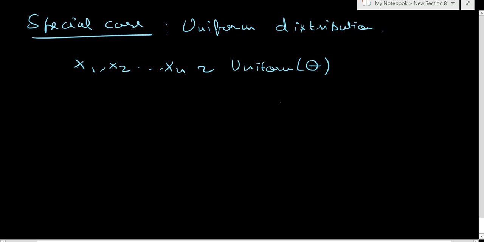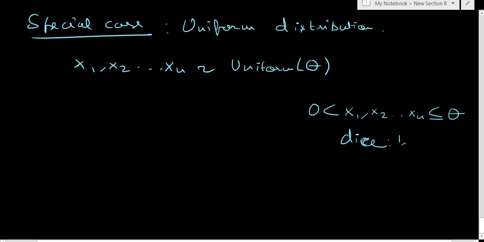For this to be true, something is necessary. All these values xi going up till xn should be greater than 0, obviously, because 0 is not even a valid value in a uniform distribution, and all these should be less than or equal to theta. The reason I say this is you can think about a dice.